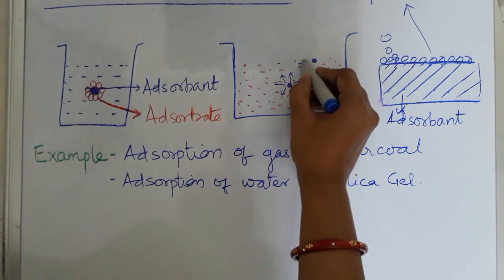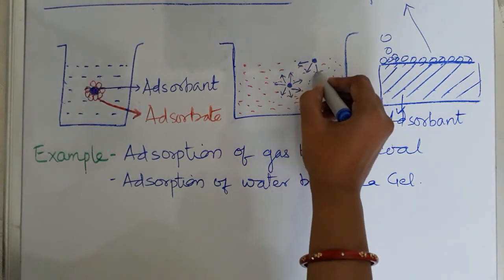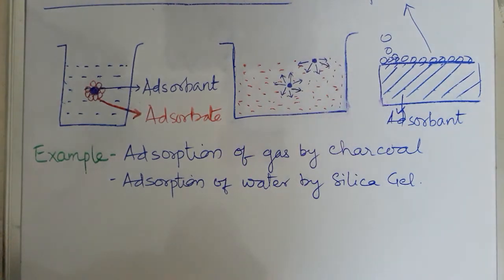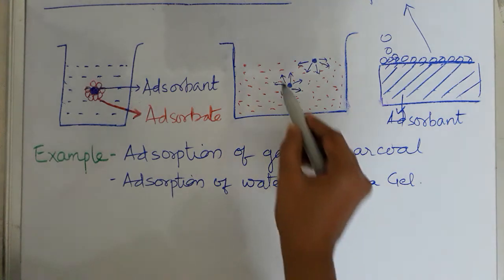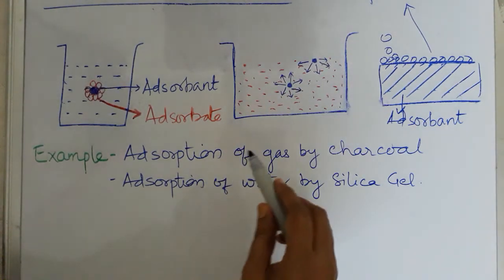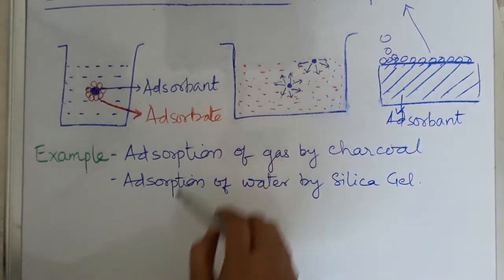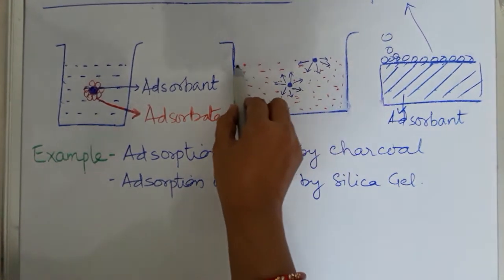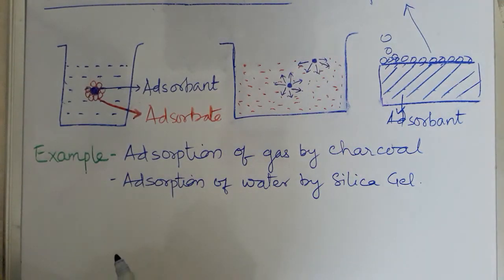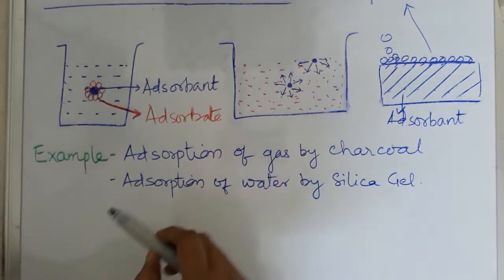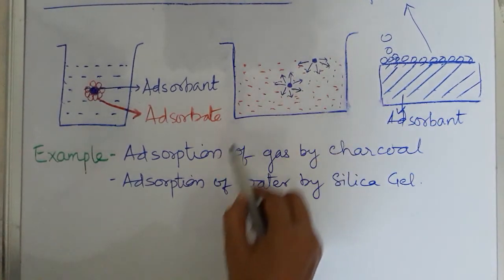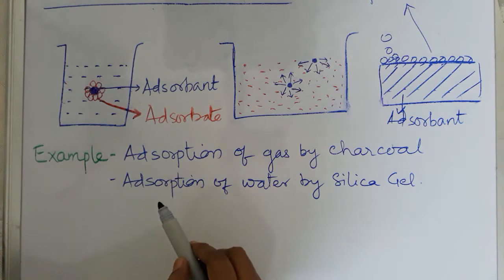Hence, this particle experiences a force of attraction only downward. All the particles on the surface experience a downward pull, and hence there are some residual forces acting upon the particles on the surface. Hence the particles on the surface act as active sites.